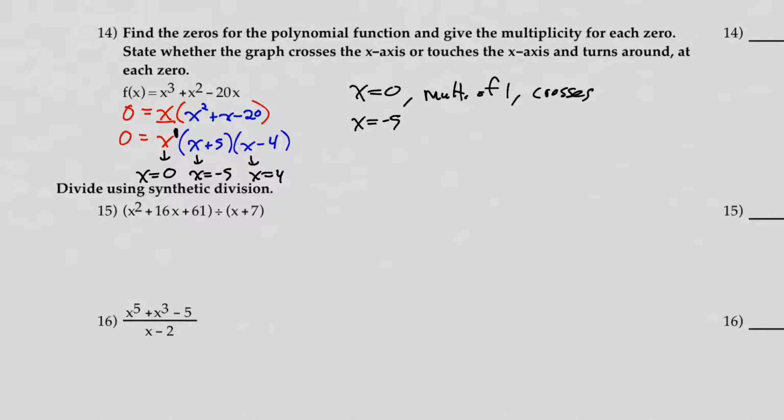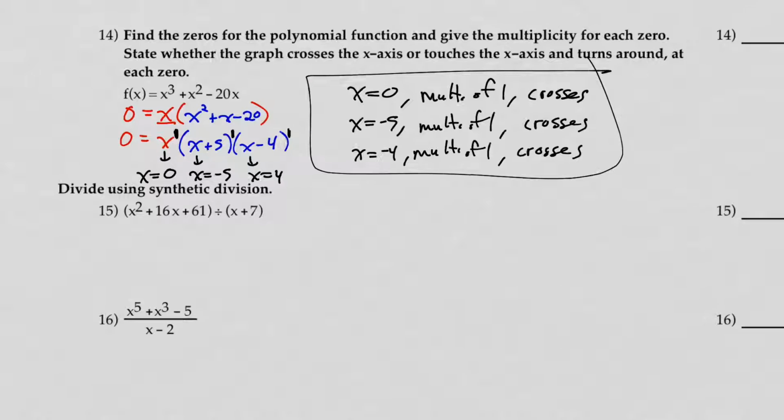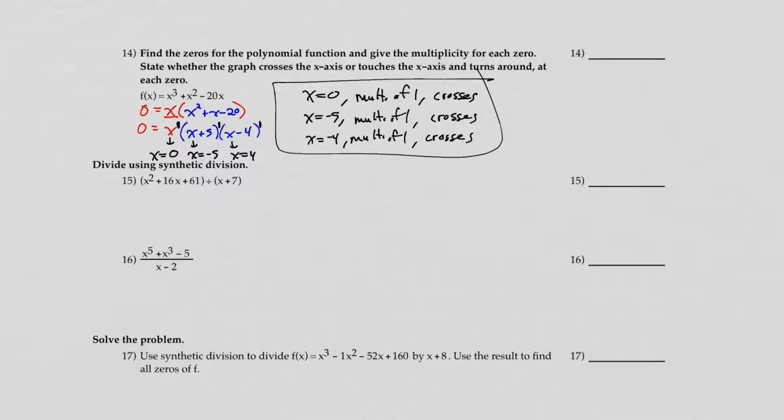X equals negative 5. We can see the power is 1. So it's multiplicity of 1, which also means it crosses. And x equals negative 4 also has a power of 1. Okay. So that is it for number 14.